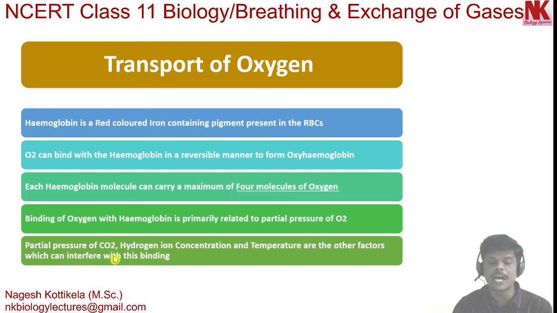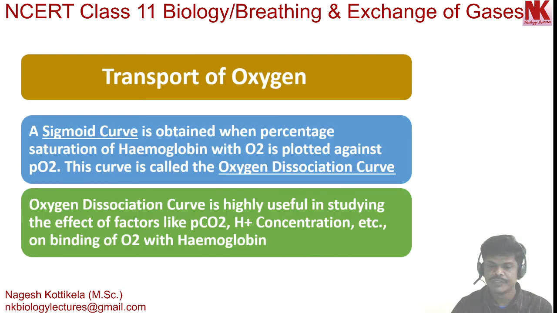Partial pressure of carbon dioxide, hydrogen ion concentration and temperature are the other factors which can interfere with this binding. So these are the other factors which can interfere with the binding of oxygen with hemoglobin. Okay?